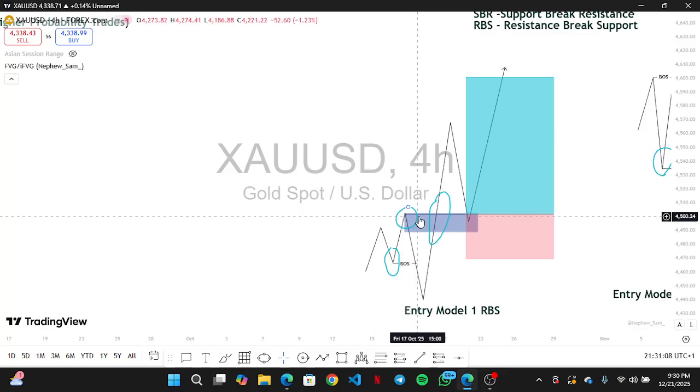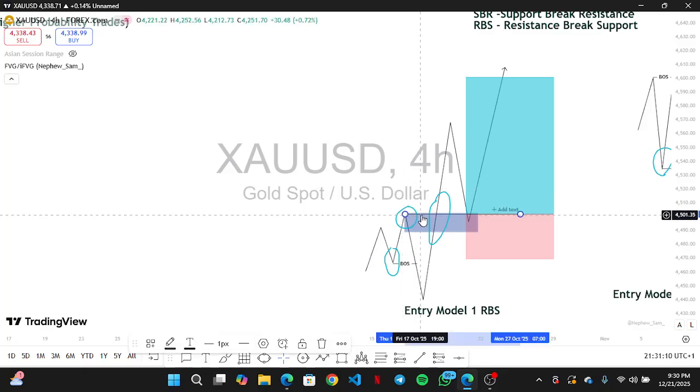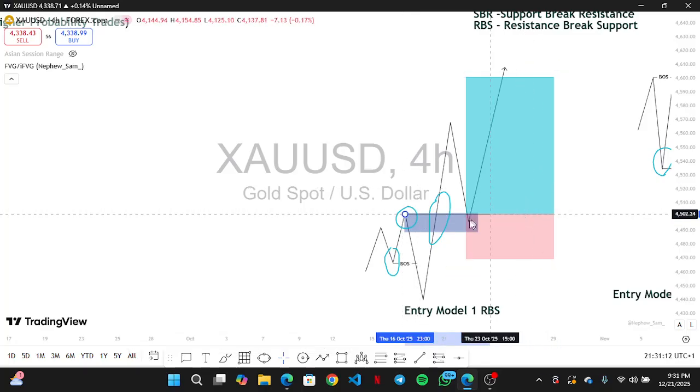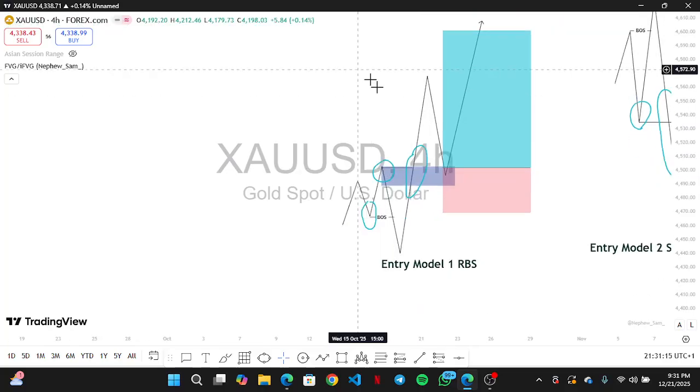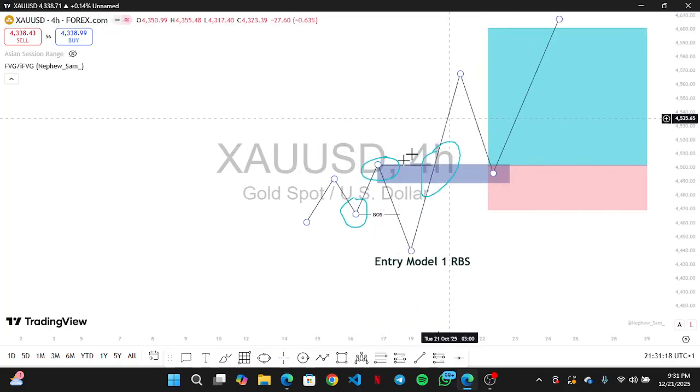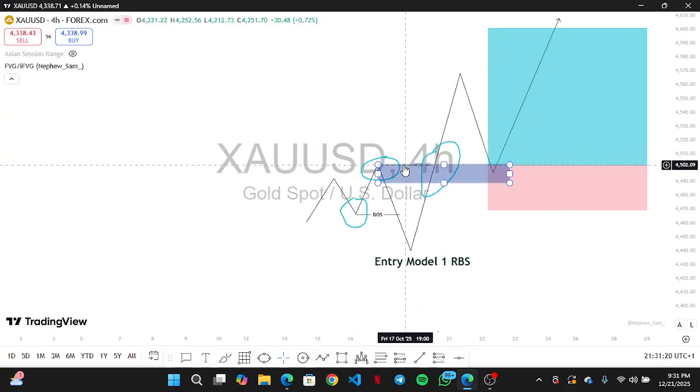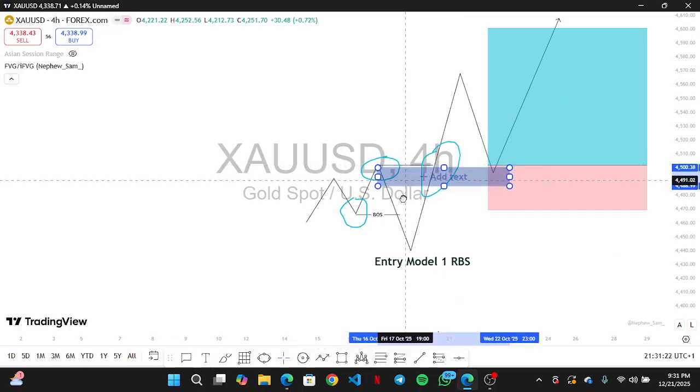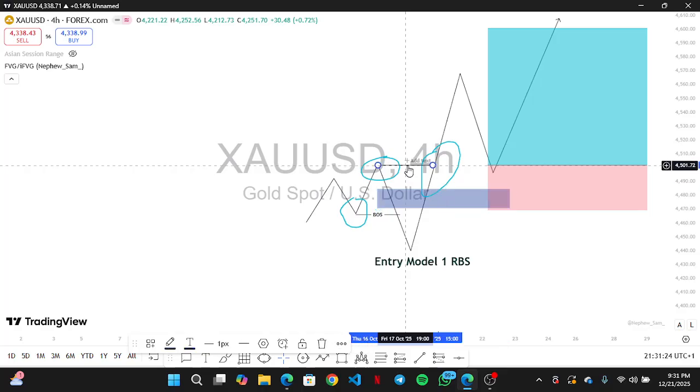Price broke a previous tip to the upside, so this is a break of structure. That's the first thing you need to understand. Let me remove this so you guys can understand. This is a break of structure, BOS.